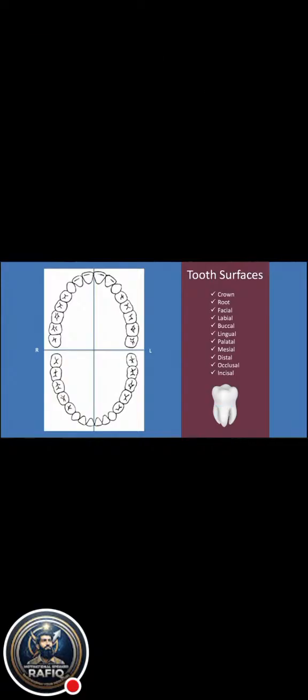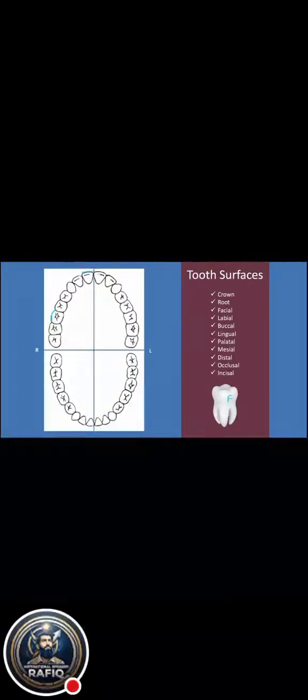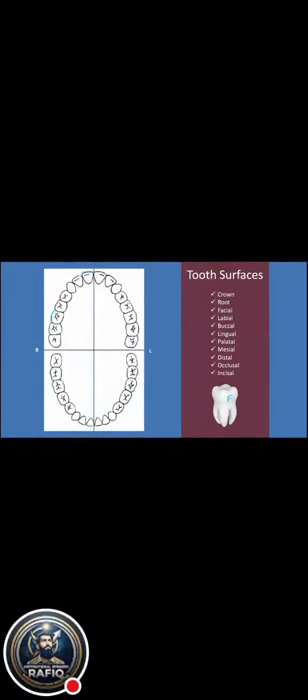So the front of the tooth is called the facial surface. If we look at our diagram over here on the left, this would be the facial surface for tooth number 3. This would be the facial surface for tooth number 8. And this is the surface of the tooth closest to the face. That's why it's called the facial surface.